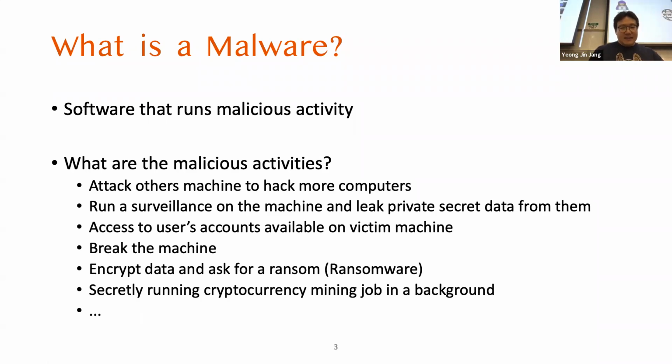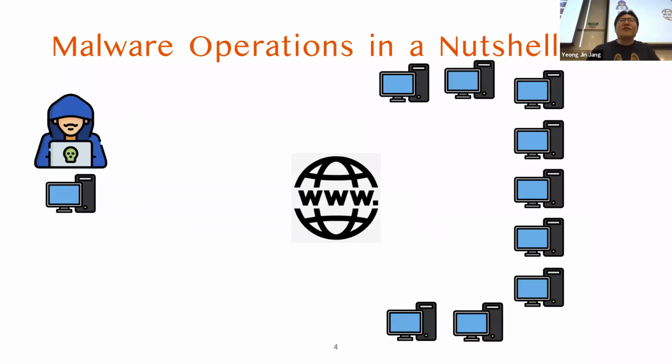Then let's take a look at how malware operation goes at a very high level, and then get to the details. I put here an attacker, and over the internet there are a lot of machines available, because we can easily assume that most computer devices are connected to the internet.